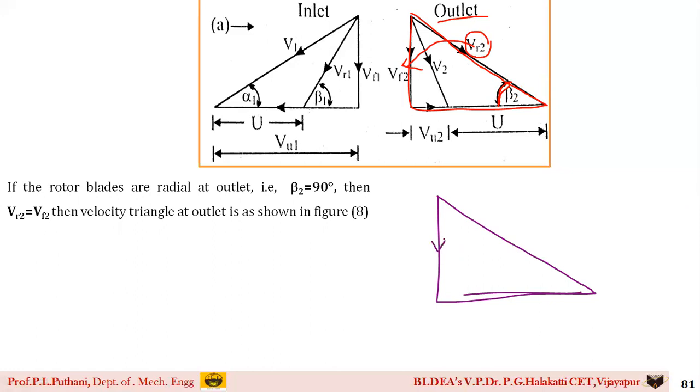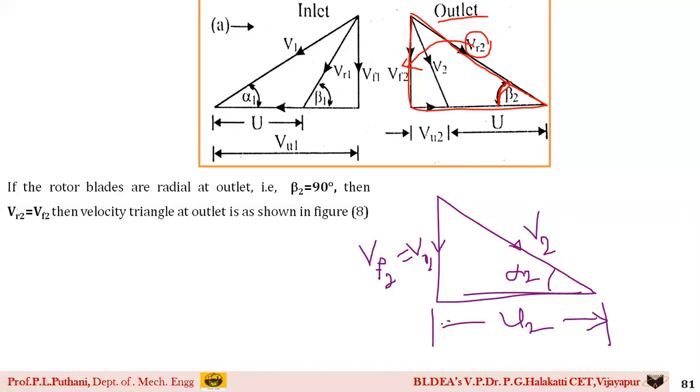Here Vf2 is equal to VR2. This is my absolute velocity at the outlet, V2, with alpha 2.